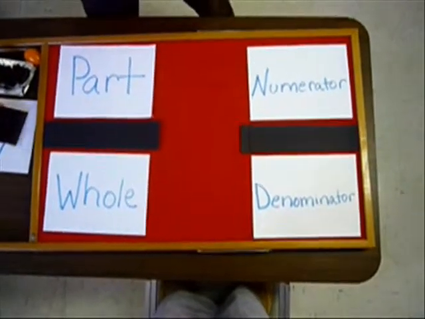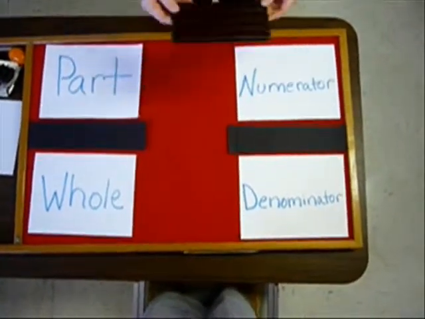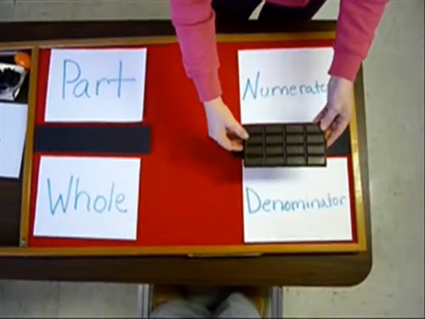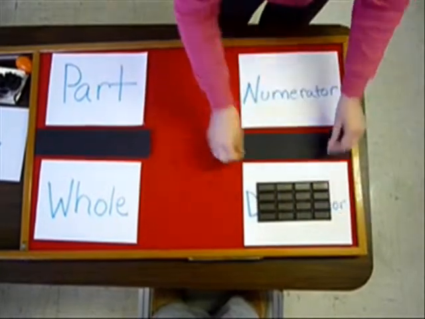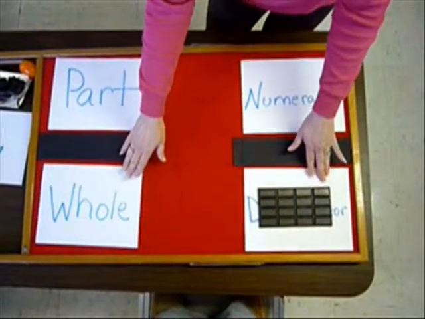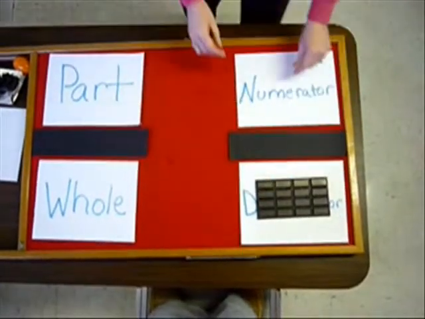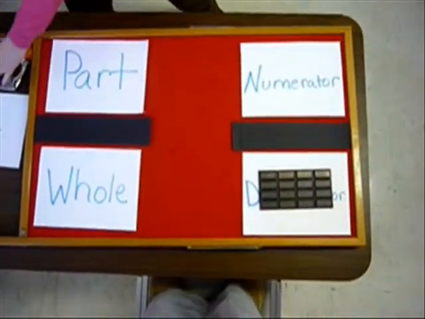Everybody understands that a Hershey's chocolate bar is one whole piece and it is divided into 16 different sections. If we consider our Hershey bar as our whole, also known as our denominator, then we're going to make fractions using our Hershey bars.